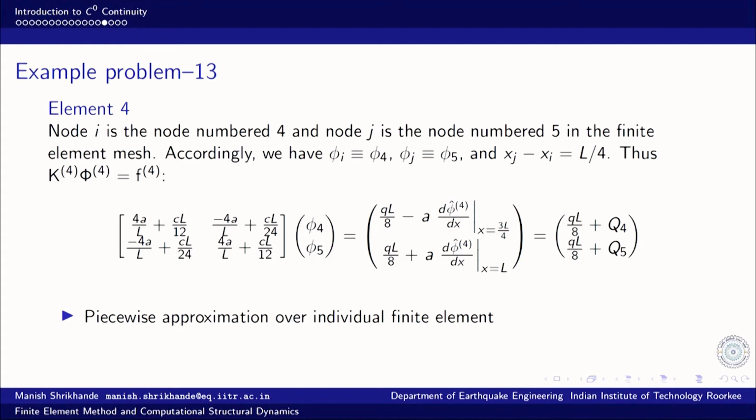Now, we need to combine them somehow, so that we can construct the approximation for the whole domain, not just from 0 to L by 4 or from L by 4 to L by 2 or from L by 2 to 3 L by 4 or from 3 L by 4 to L. So, individual elements were valid only for that subdomain length of individual element.